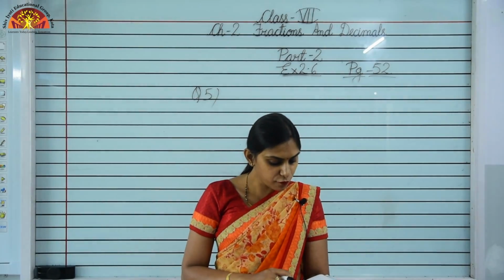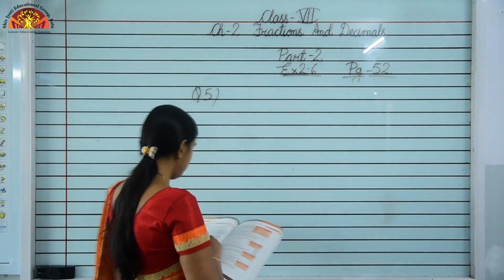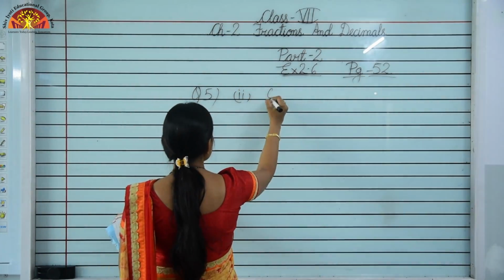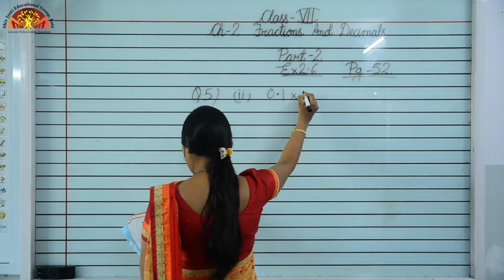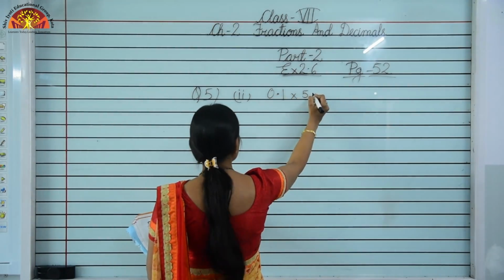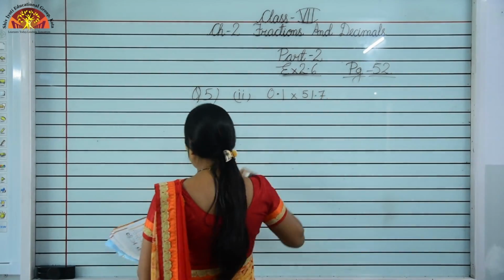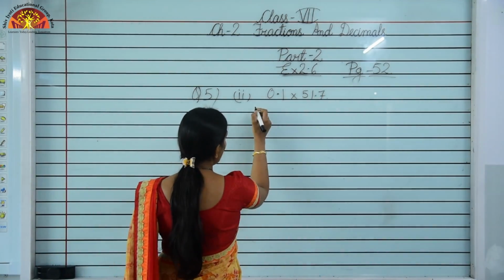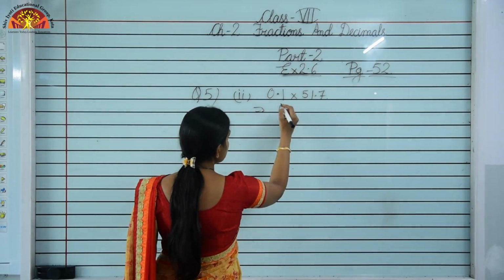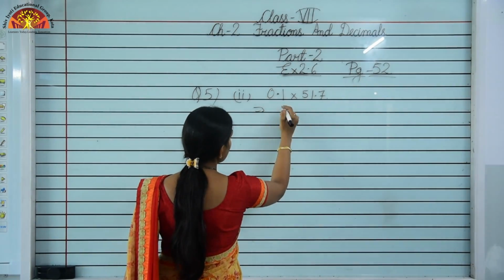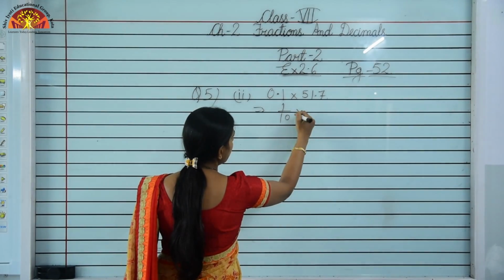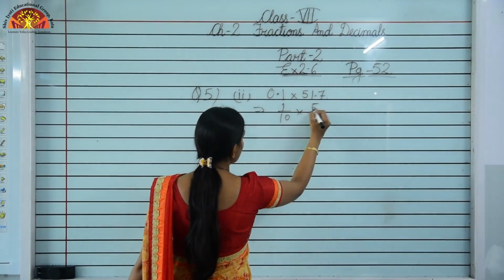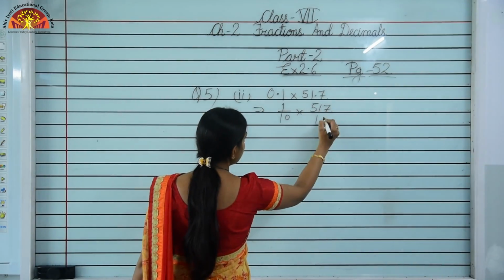Just see question number 5, second part, that is 0.1 into 51.7. Children, as you already know, first of all we will remove this decimal. So it will become 1 upon 10. Again there is only one decimal and one digit, so it will become 517 upon 10.